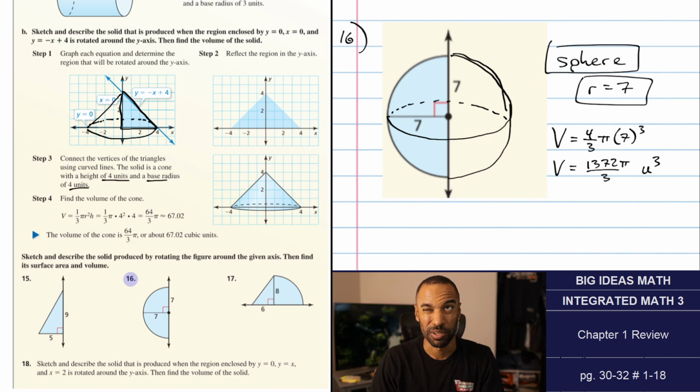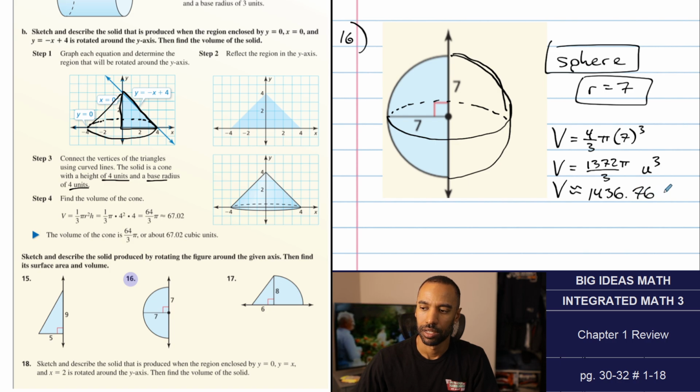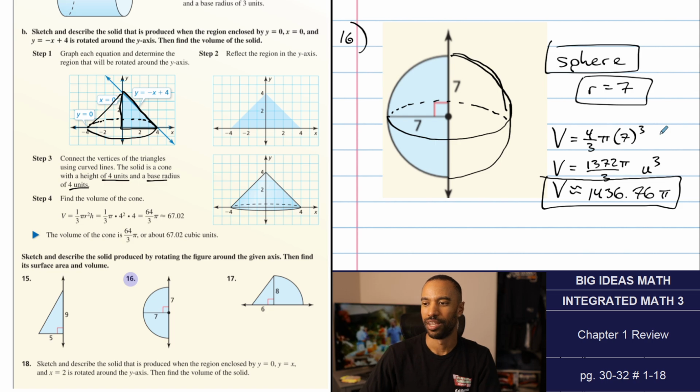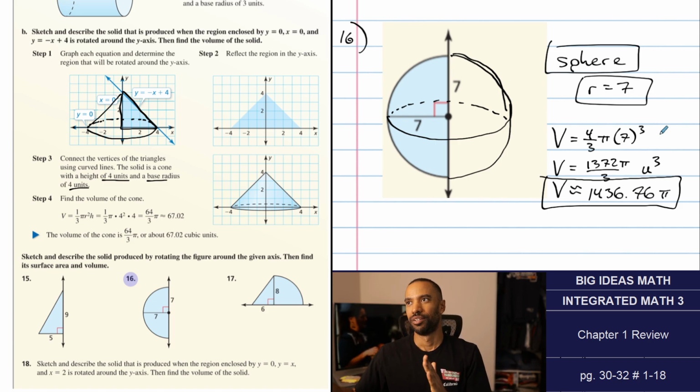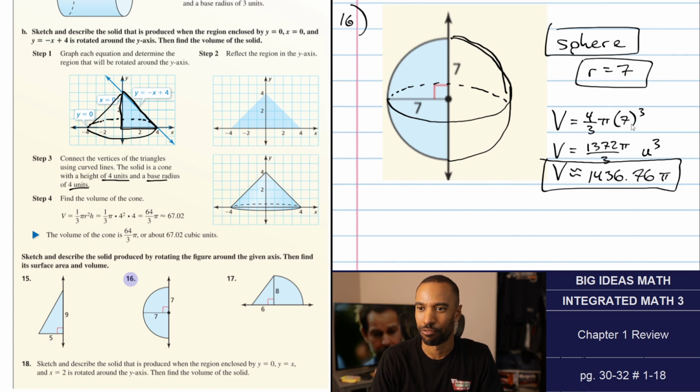It's going to be a little more. It's going to be right around 1400 divided by 3. 1436.76. Okay, oh, not pi.